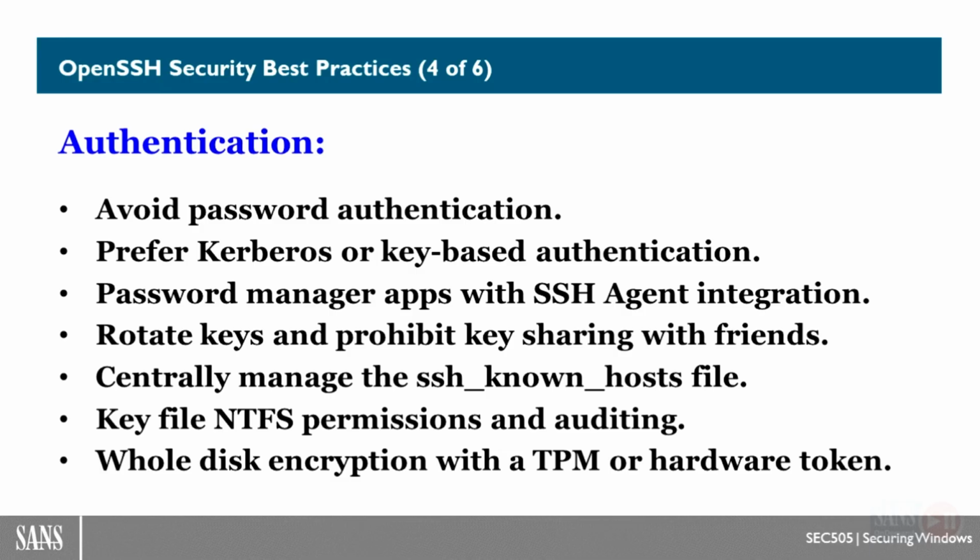Next, recall that when you SSH to another machine for the first time, you're prompted to enter yes or no to confirm the host key of the other machine. In general, we don't want users to make this choice, because users will always enter yes. They won't even read the message that appears. So, you can create a file named ssh_known_hosts. This is a central, shared, or global known hosts file.